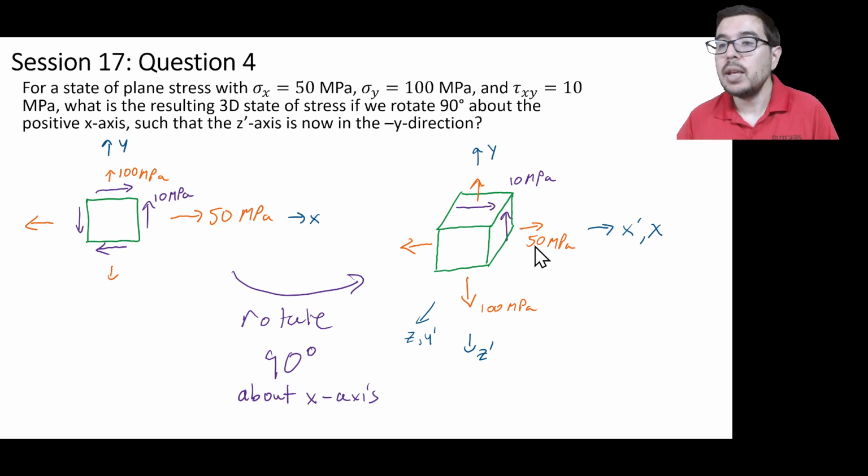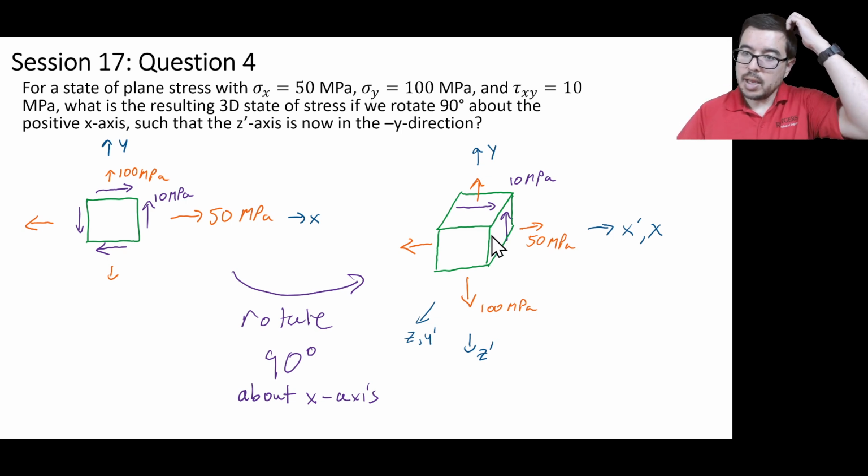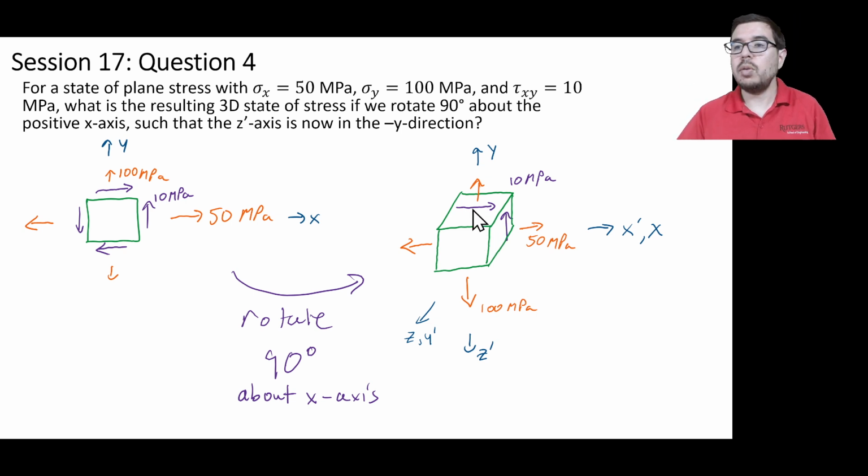In other words, this element, if it's rotated 90 degrees, it's still going to have these stresses, this purple one for the shear stress meeting in this corner, these normal stresses coming out these two sides. They're all still going to be there, but the coordinate system that we're using is different.